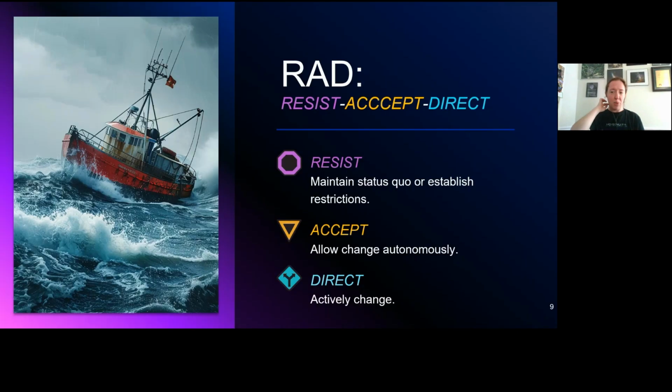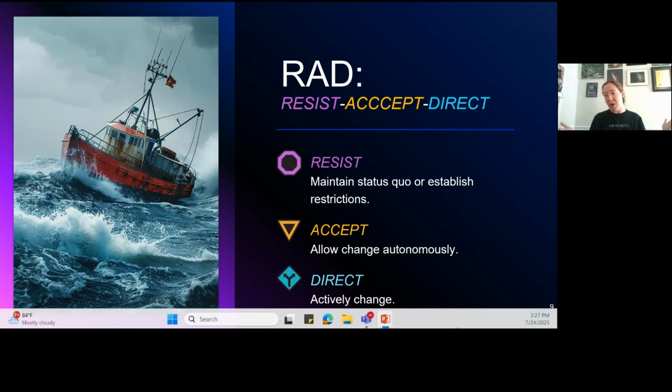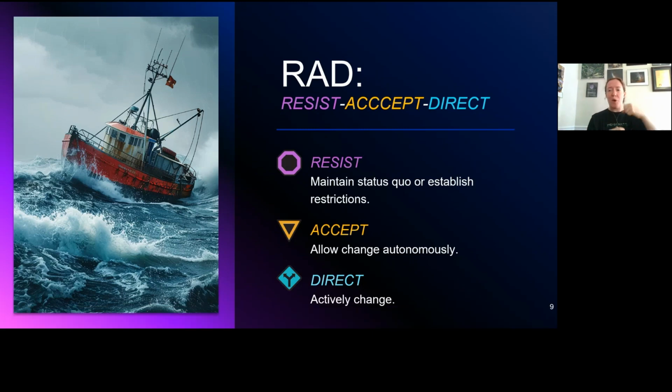And you might be wondering what resist, accept, direct might be. I like using the boat analogy here. Resist would be you're in a storm, you want to fight the winds, you want to use your motor, you're going to hardcore attempt to head back home that you've already started away from. So you're just tackling and fighting prevailing winds. Accept would be just accept the flow.